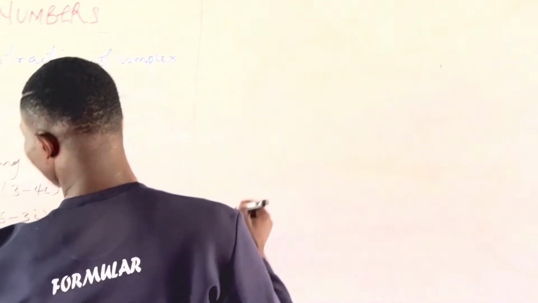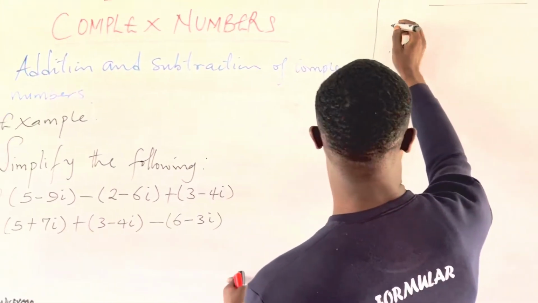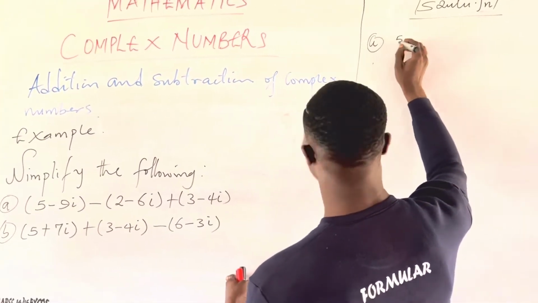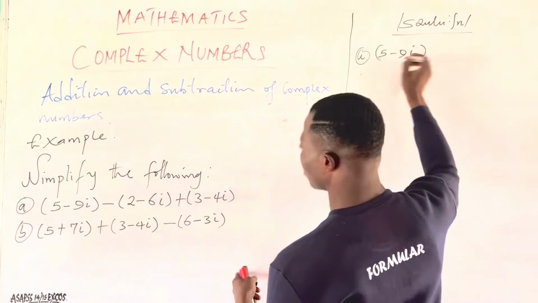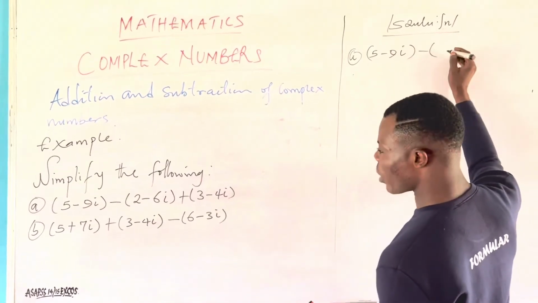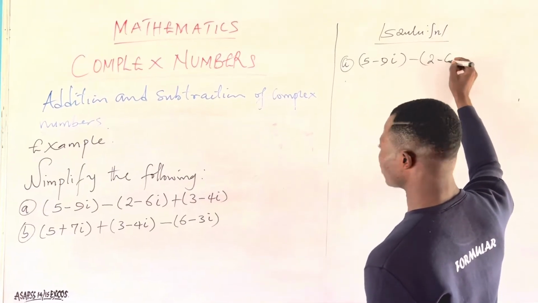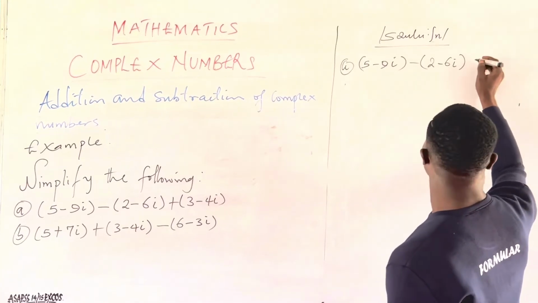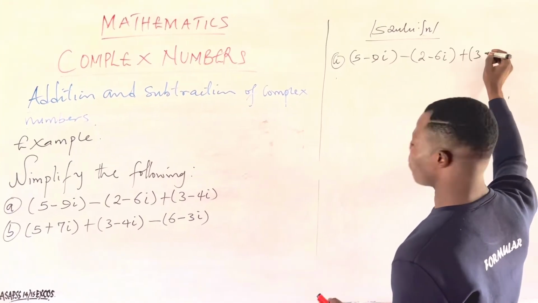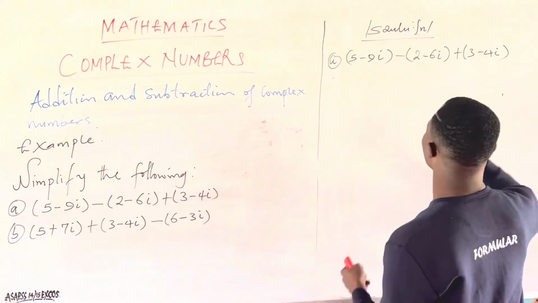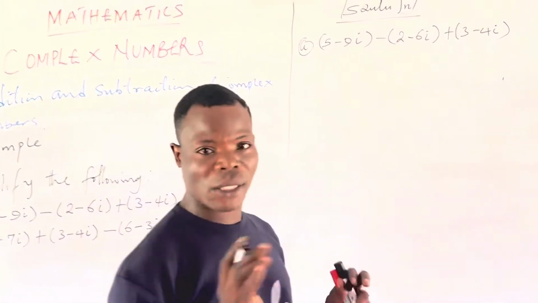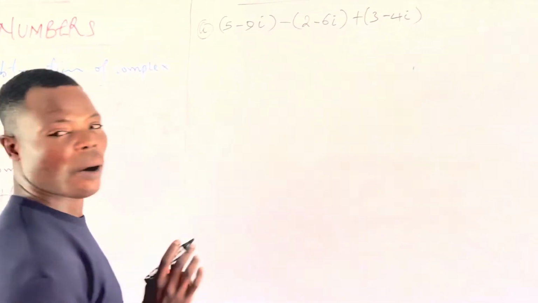The first one is 5 minus 9i minus, open bracket, 2 minus 6i, plus 3 minus 4i. So to do this, you see the way of normal operation.